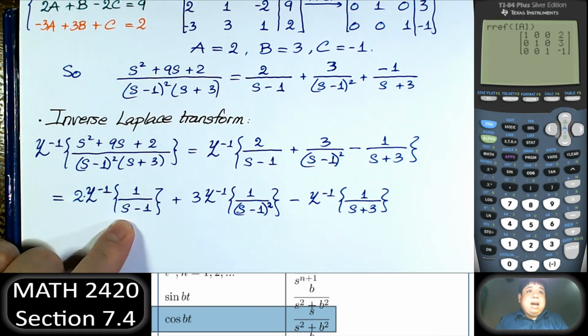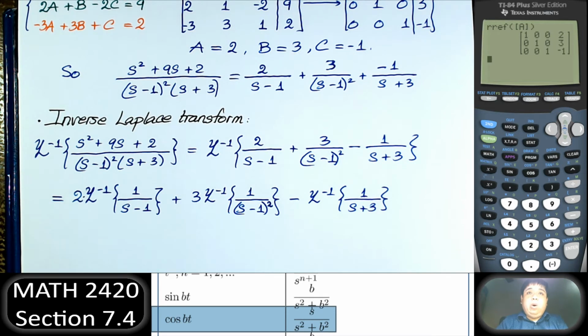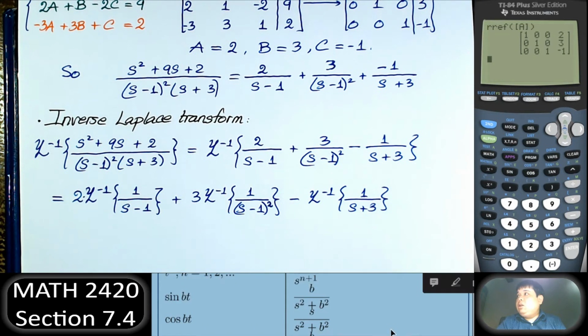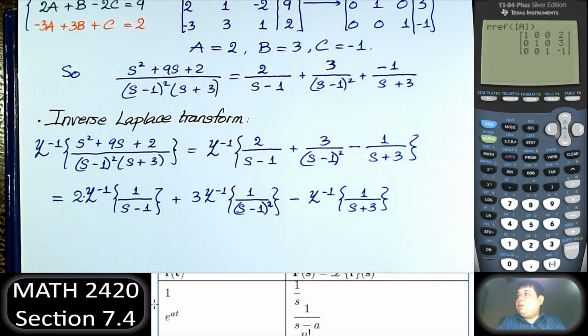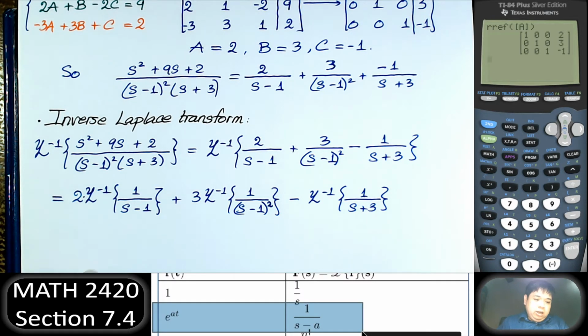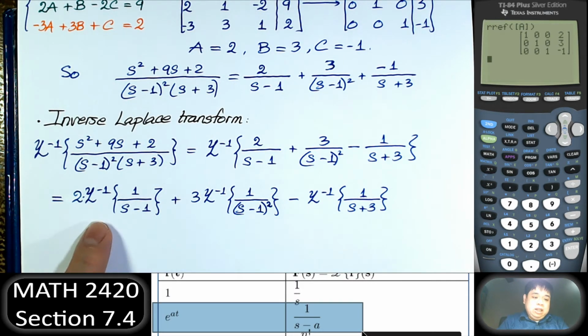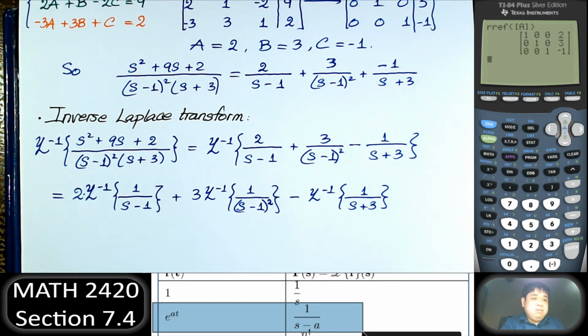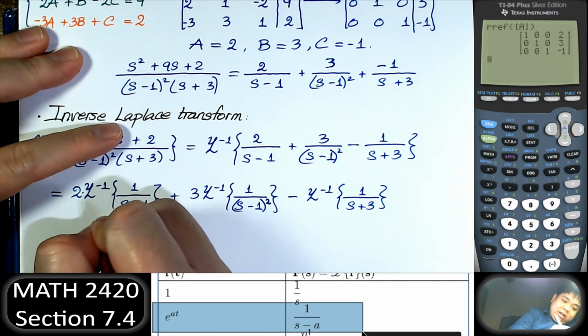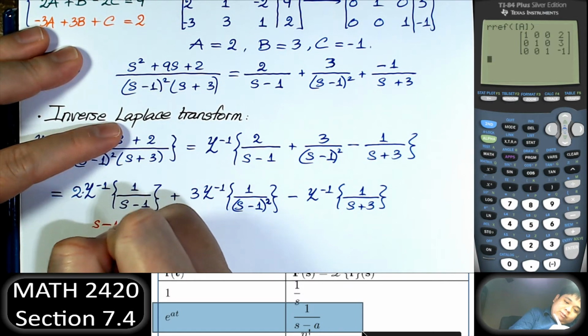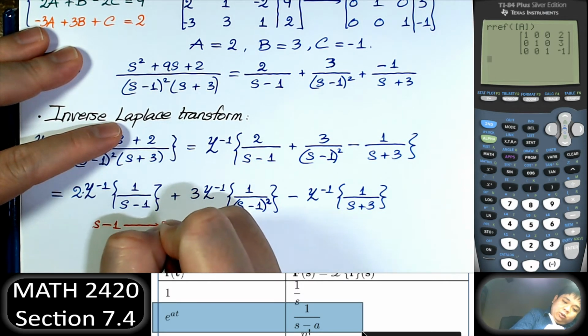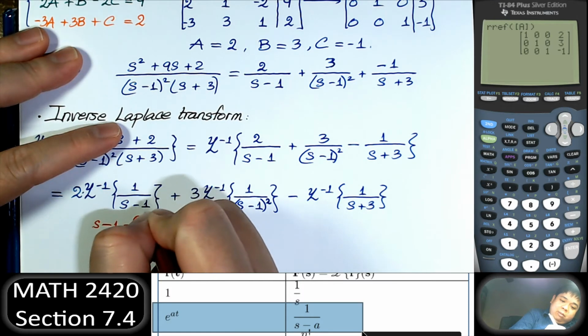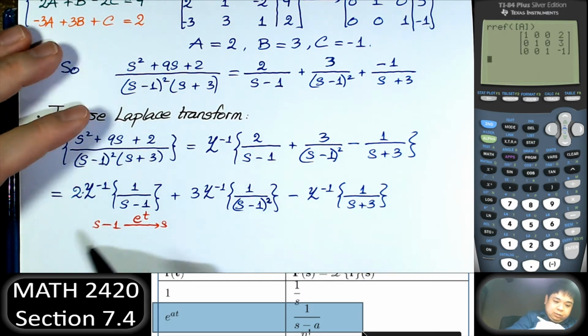Now, we have s minus 1. If we want to, we can use this formula. And so that will be the Laplace transform, that will be e to the at. That's simple enough, right? Or for this one, if we replace s minus 1 with s, we will multiply by e to the t.